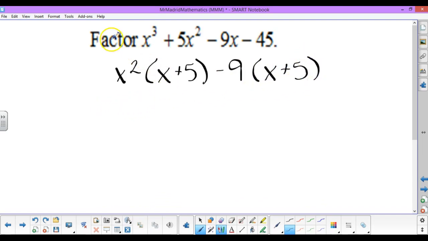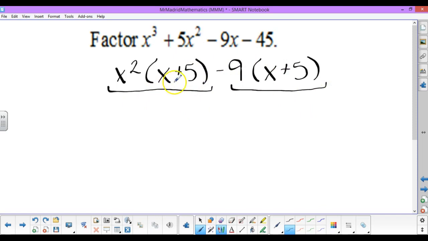Again, the word factor implies division, it's synonymous with division. Once I've factored out from these 2 terms and these 2 terms, I notice that this one is the same as this one. So right now we have essentially 2 factors, this one and this one.